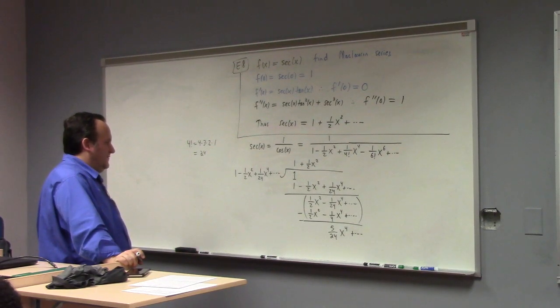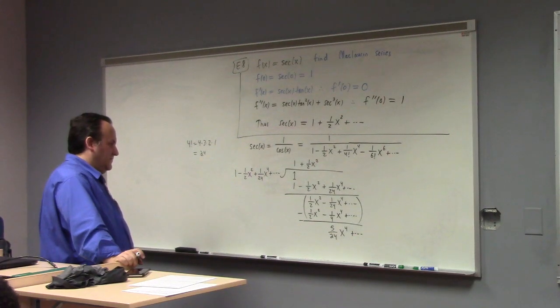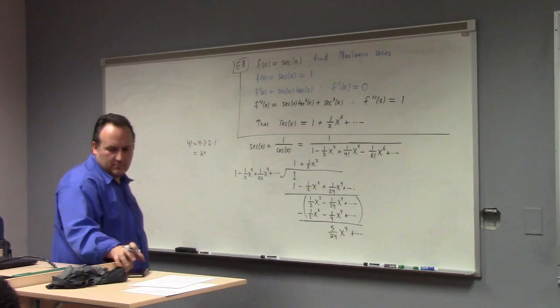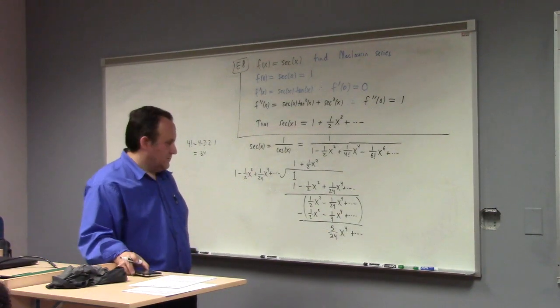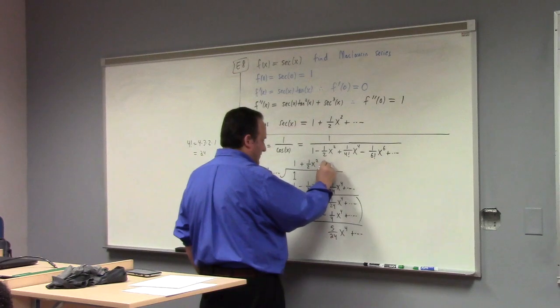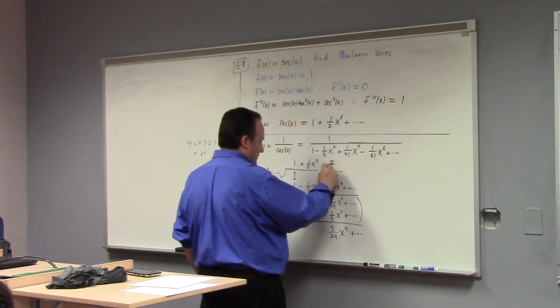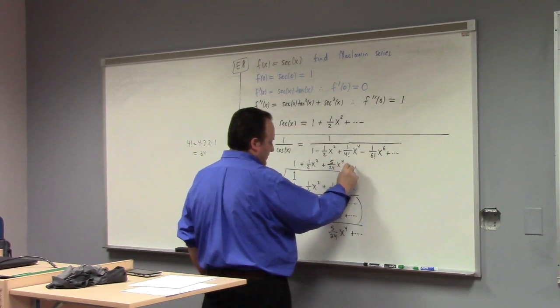It's bugging me. I feel like I've made a sign error, but anybody think different? Well, unless I'm making a mistake, plus 5/24 x to the 4th.